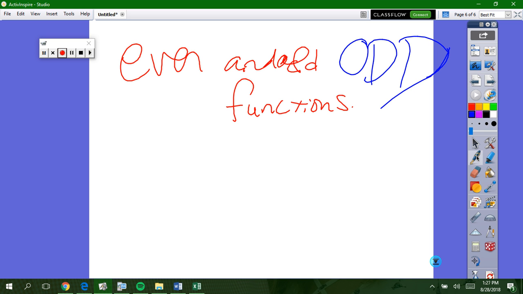Okay. Now you might not understand what these mean, but I'm going to show you the definition. If I have a function, f of x, and I do f of negative x, what did I just do there?